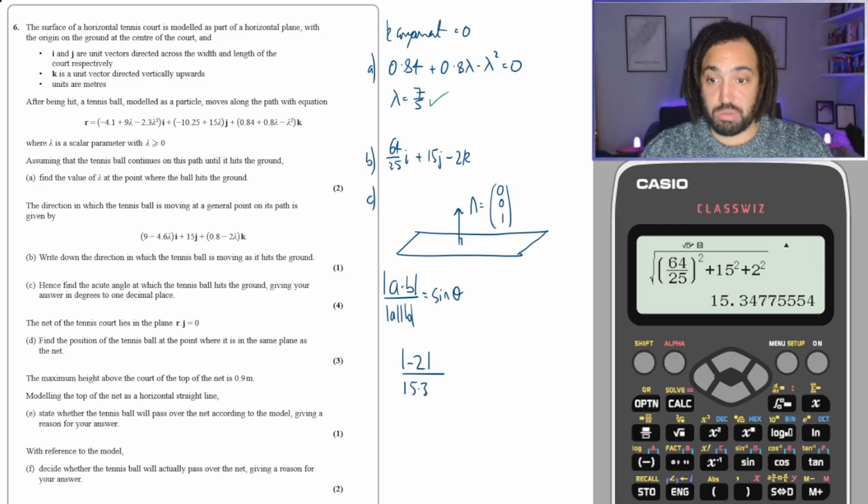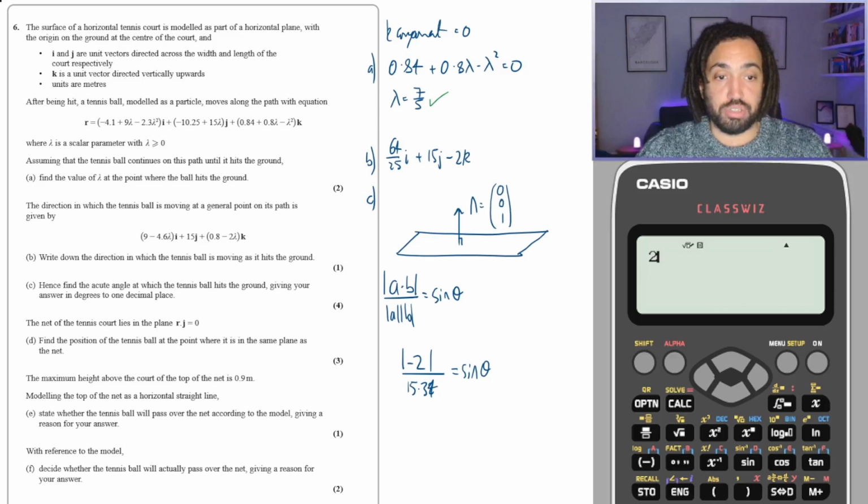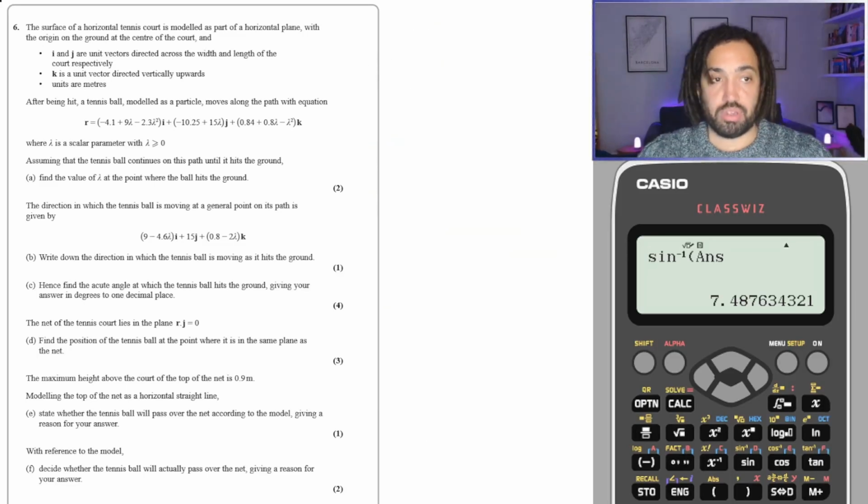And then we multiply that by the modulus of b, which is just 1. So that should equal sine of theta. Let's do 2 divided by the answer, and then find the inverse sine of that value, and we get 7.5. Perfect.